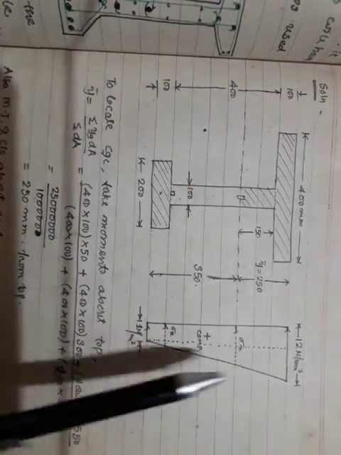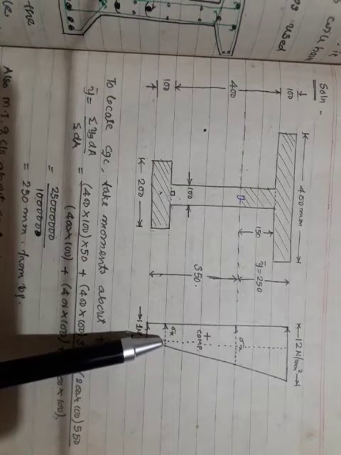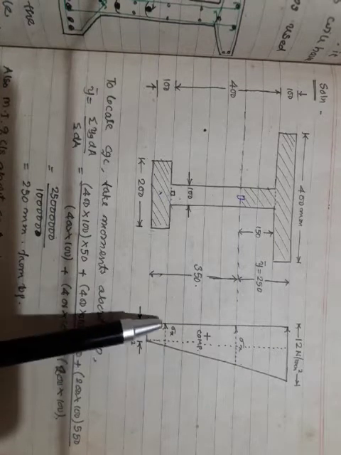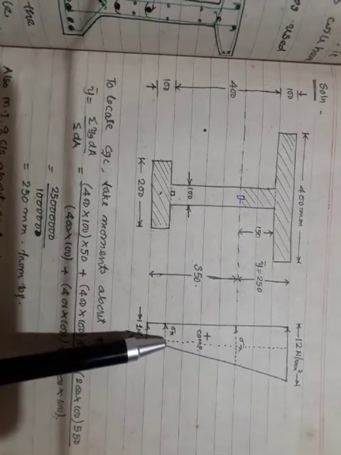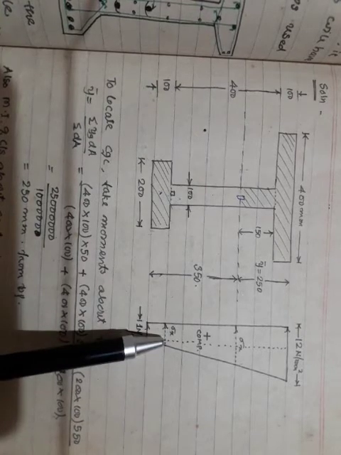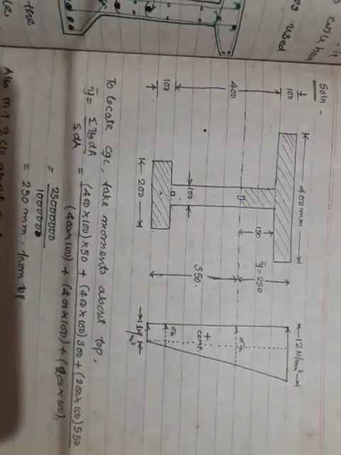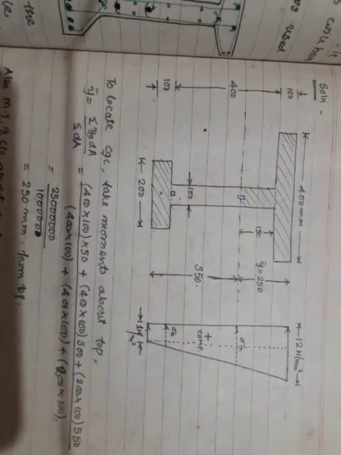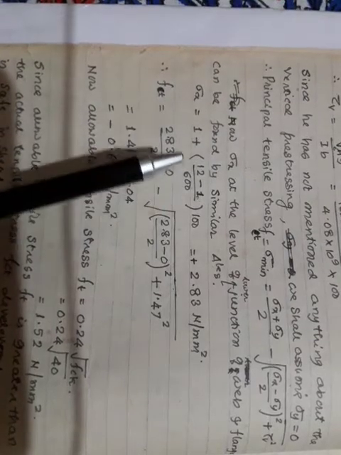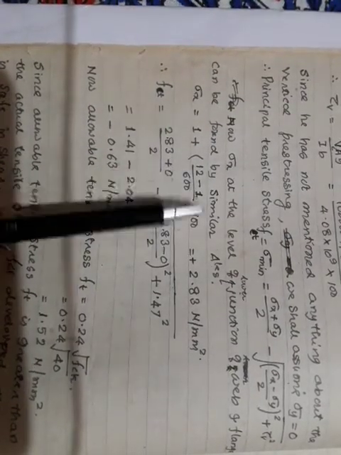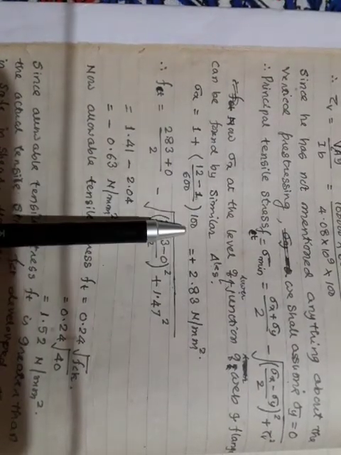These two are similar triangles, and you can easily calculate this value. So if you do that, sigma x is equal to 1 plus (12 minus 1) divided by 600 into 100, which gives 2.83. So now sigma x is also known to me.